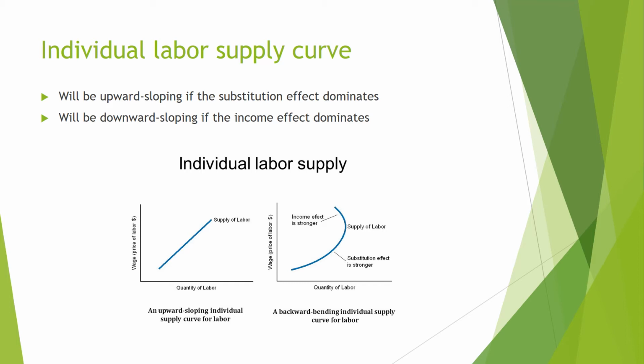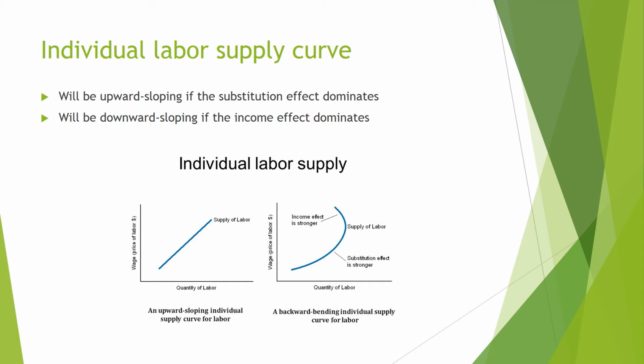This will be upward sloping if the substitution effect dominates. This takes us all the way back to unit 2, substitution effect compared to the income effect, so let's get a quick refresher on those two terms. The substitution effect is the idea that if one good becomes more costly, we want to switch to the cheaper activity. In this case, we're talking about leisure.